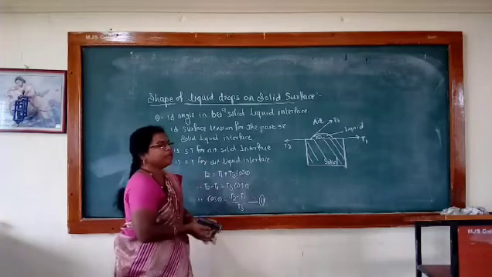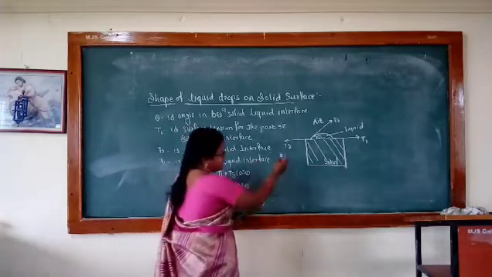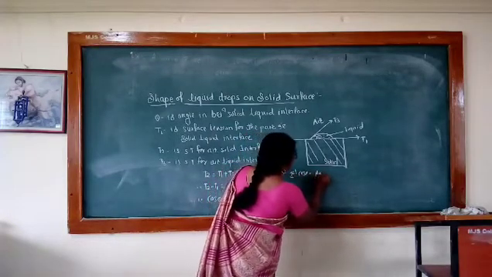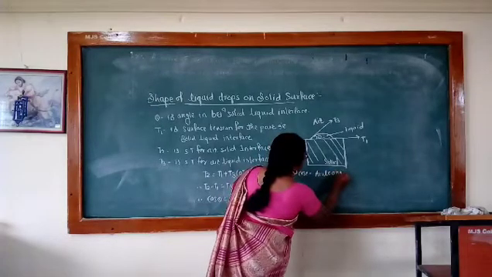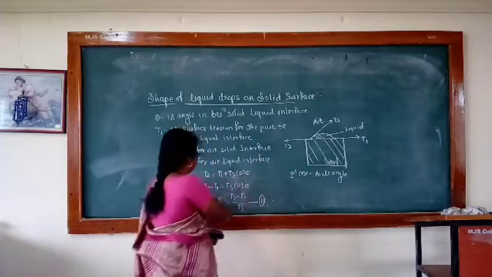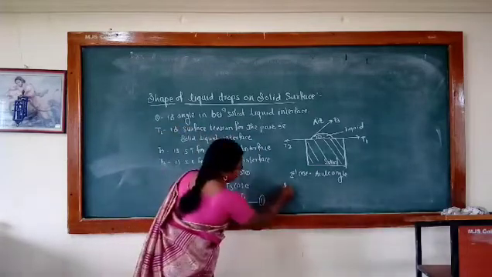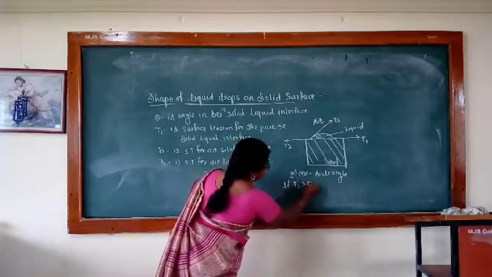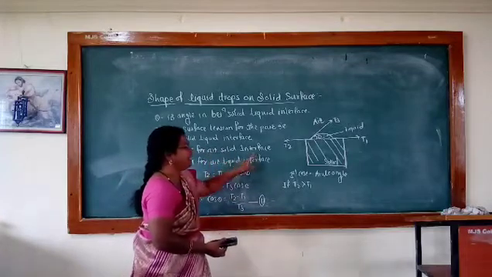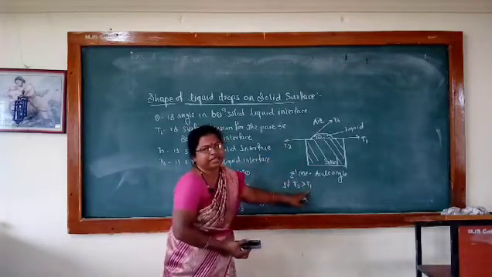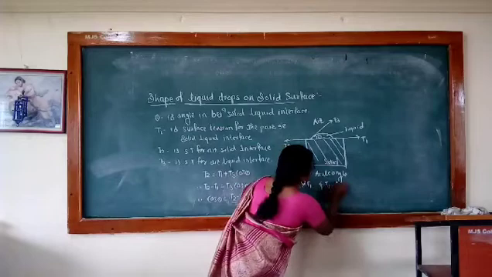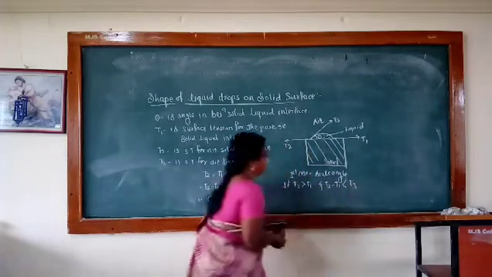For that purpose there are three cases. The first case is the formation of an acute angle. When there is the formation of an acute angle, in such case, T2, the surface tension for the air solid interface, is greater than T1, and T2 minus T1 is less than T3.